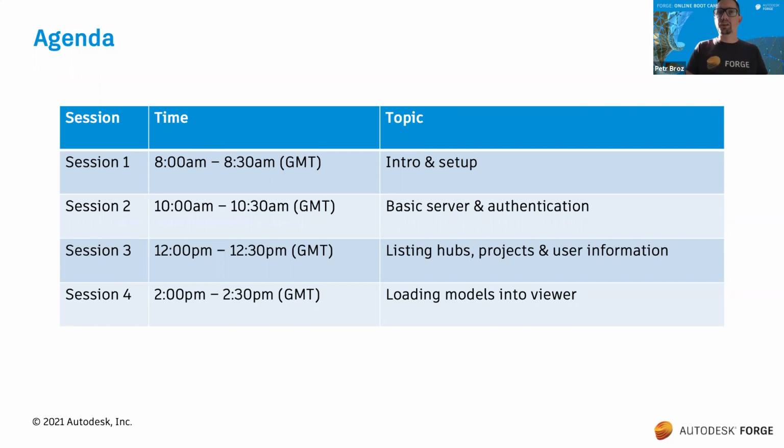In the third session, we're going to start adding logic to our server so that we can then browse through, again, our content in the third-party applications such as BIM 360, Fusion Team, or the new offering, the Autodesk Construction Cloud. And finally, in session 4, we will tie everything together with a little bit of user interface, with a little bit of HTML, CSS, and JavaScript, where we're going to show the expandable tree with the content of our users, and with Forge Viewer, of course, to preview the models that they select in the tree.